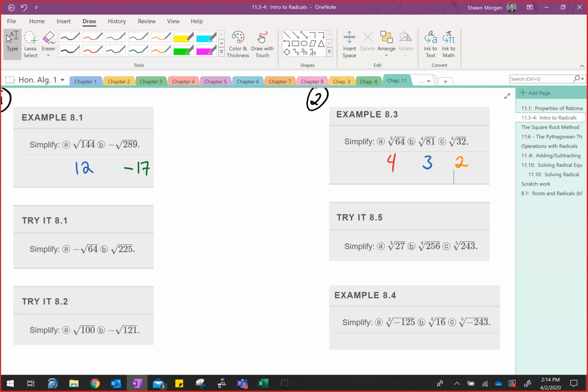Gannon, did you ever pick up with us? Are you on? Yes, sir. Awesome. Gannon, what's the cube root of 27? Speak up nice and loud, Gannon. 3, absolutely, very good. All right, and then 4th root, Stephen, 4th root of 256.